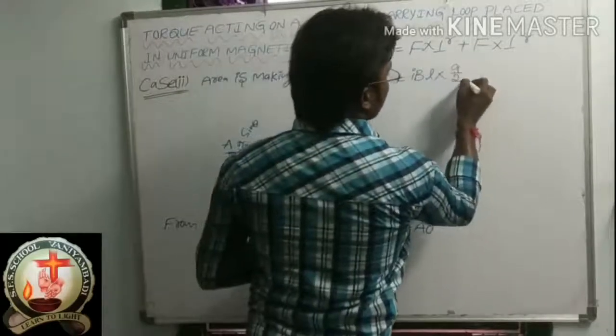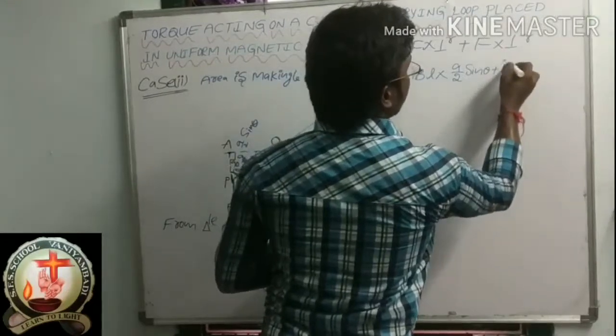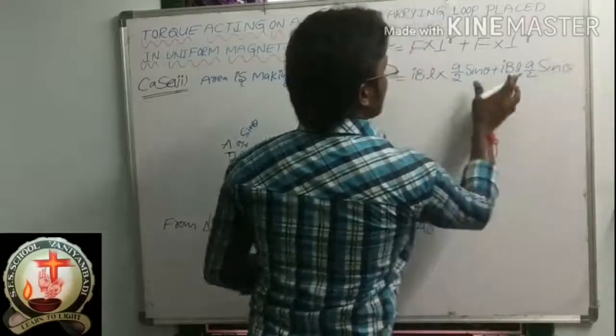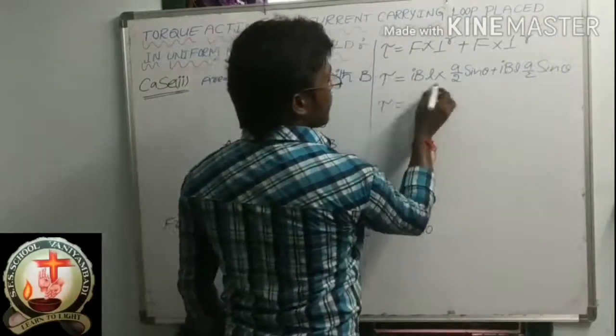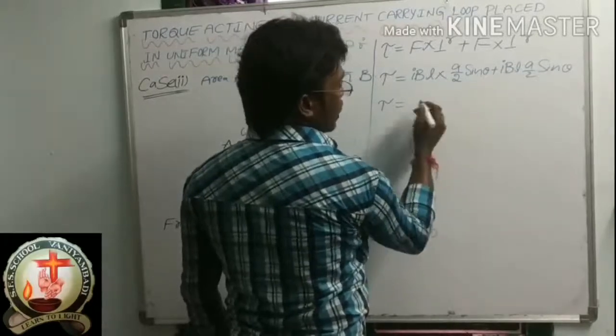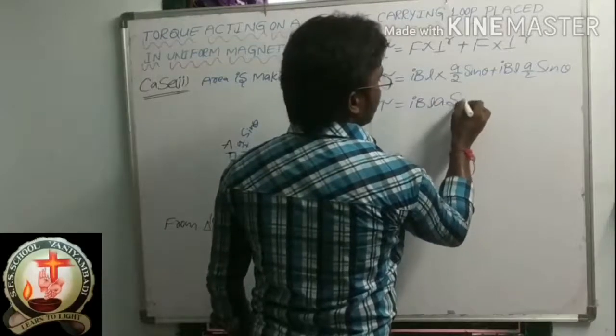So IBL into A by 2 sin theta, plus IBL into A by 2 sin theta. Adding both, the A by 2 terms give A only. So finally, IBL A sin theta.